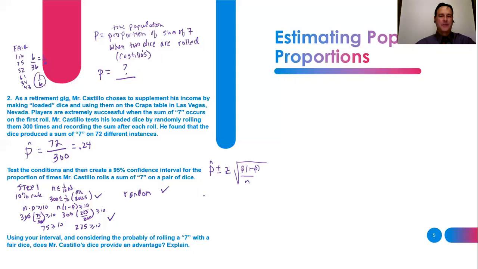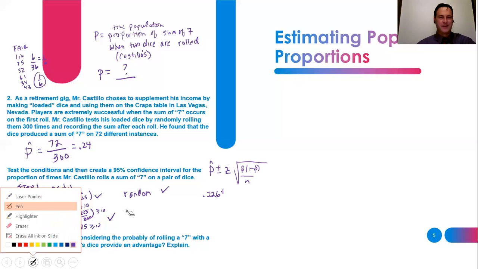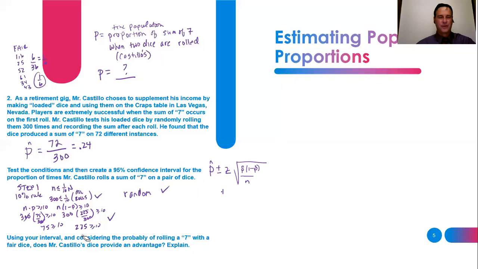And I'm going to just write the same things as I did before. It was 0.226. Oh, sorry, that's not right. 0.24. Let me erase that. 0.24, plus or minus the z.